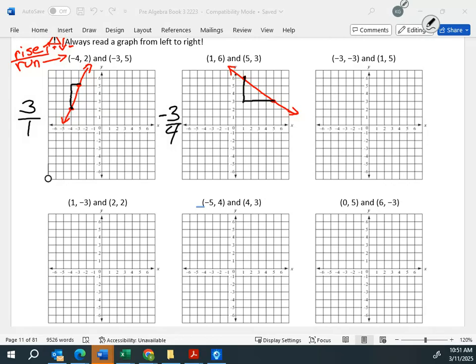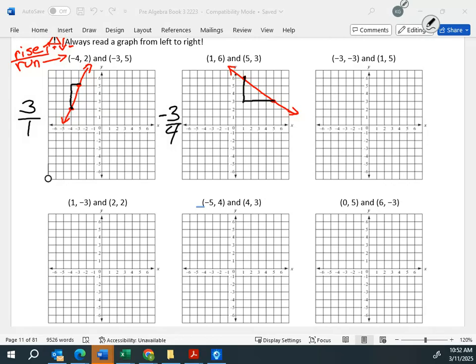Important thing to know, what does our slope look like? No, the numbers. It looks like a fraction. What is always going to be our final step when working with fractions? Simplify.